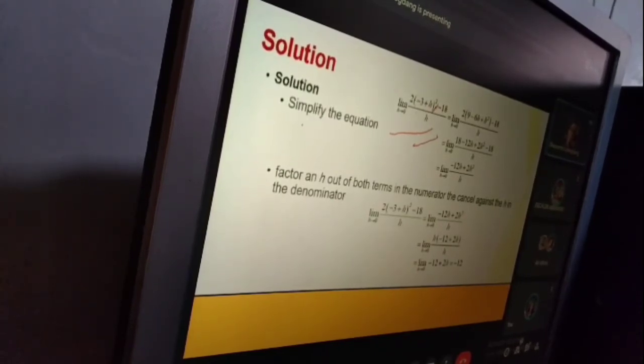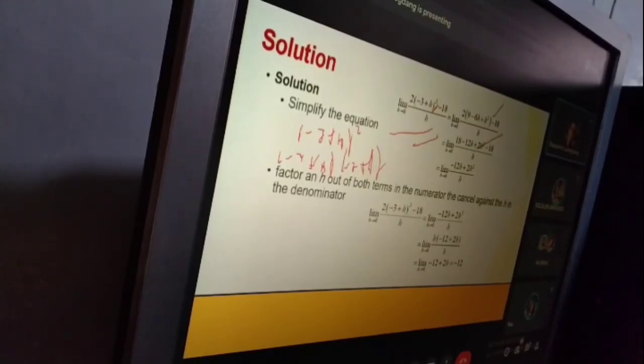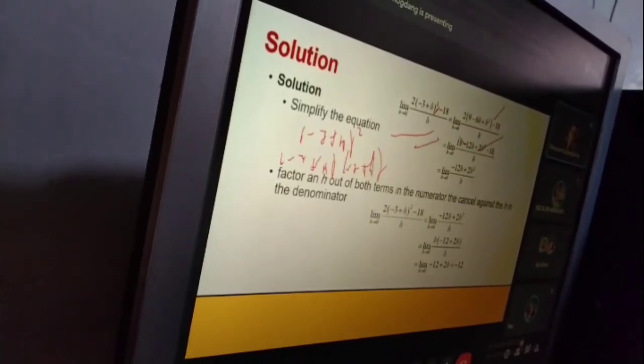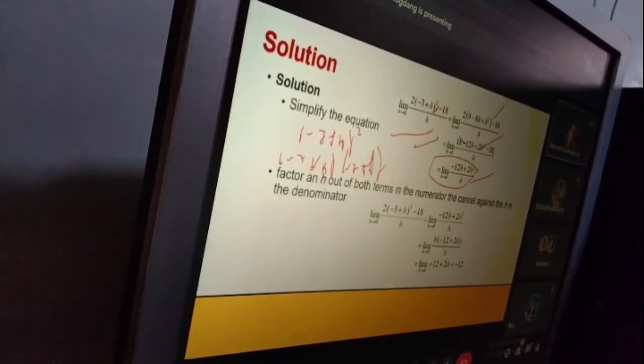Ang negative 3 plus h na naka-square ay negative 3 plus h times negative 3 plus h. Kaya pag minultiply natin yan, expand. Ngayon, dinistribute na natin yung 2 sa loob. Simplify na natin yung 18.